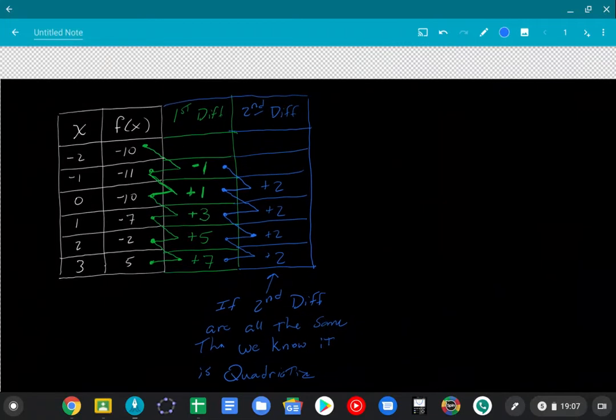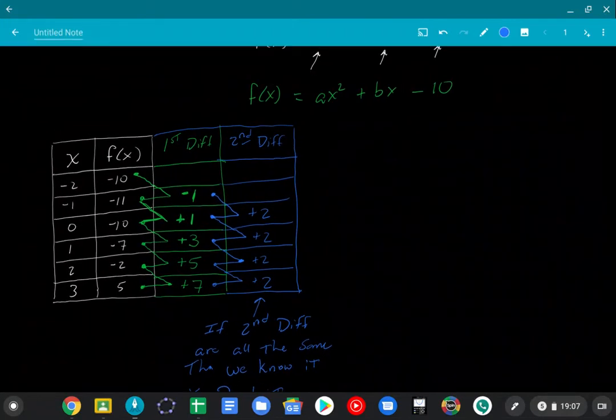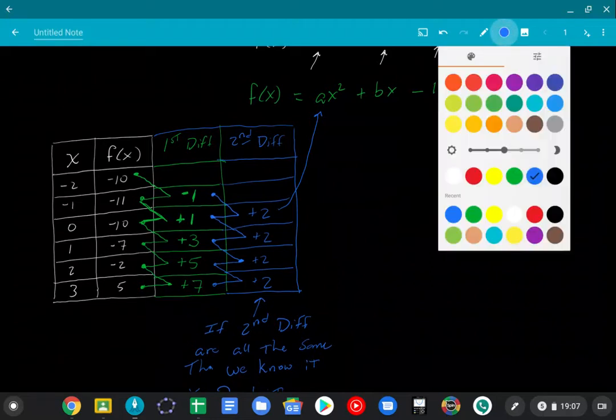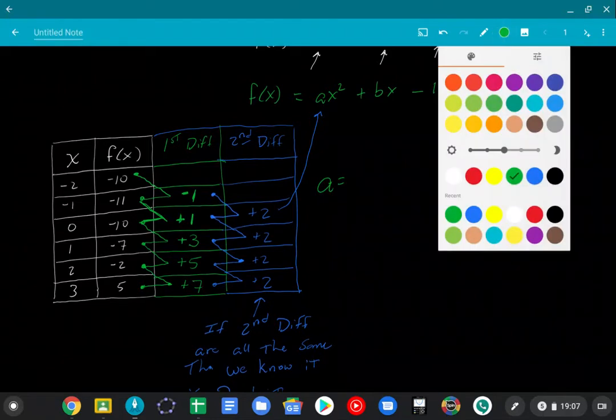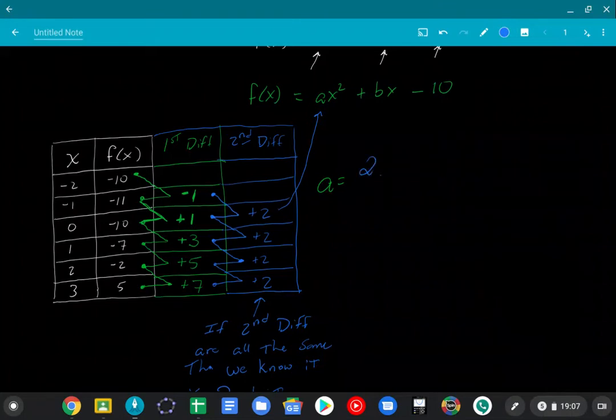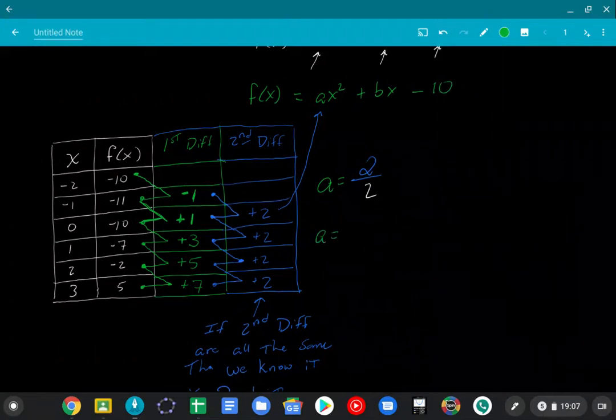All right. So here's the cool thing, though. Once you know what that second difference is, which is 2, you practically have A now. A is always going to be equal to whatever your second difference was divided by 2. So A, in this case, is equal to 1, right?